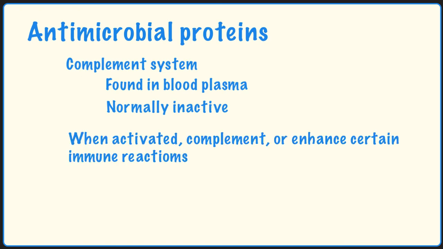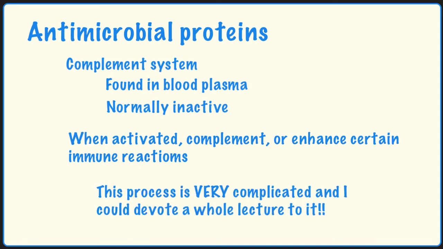So they're going to really intensify the immune reactions that are occurring. This is because this system is going to cause the cytolysis, or the bursting, of cells, and in this case, it can cause the bursting of microbes. It can promote phagocytosis. It can contribute to inflammation. It can just make all these inner workings of the innate immune system greater.